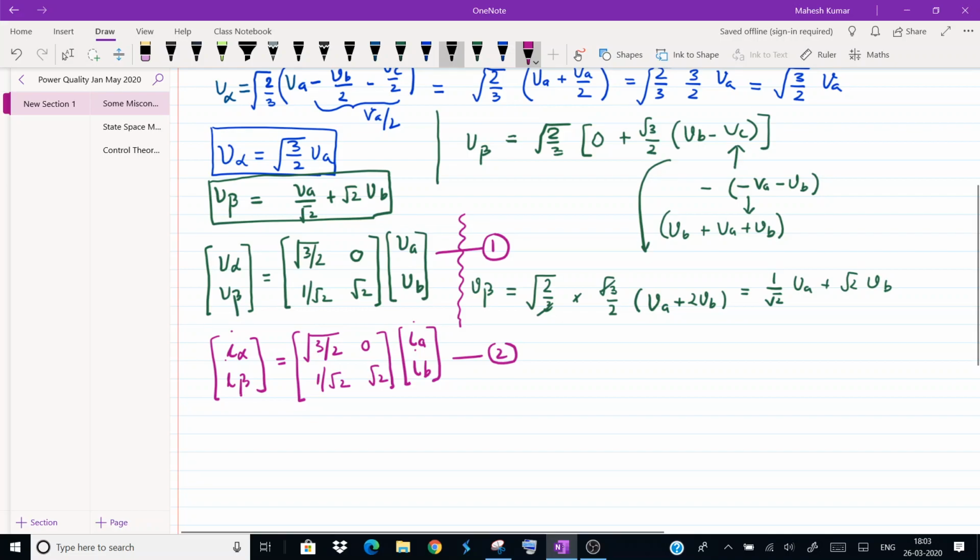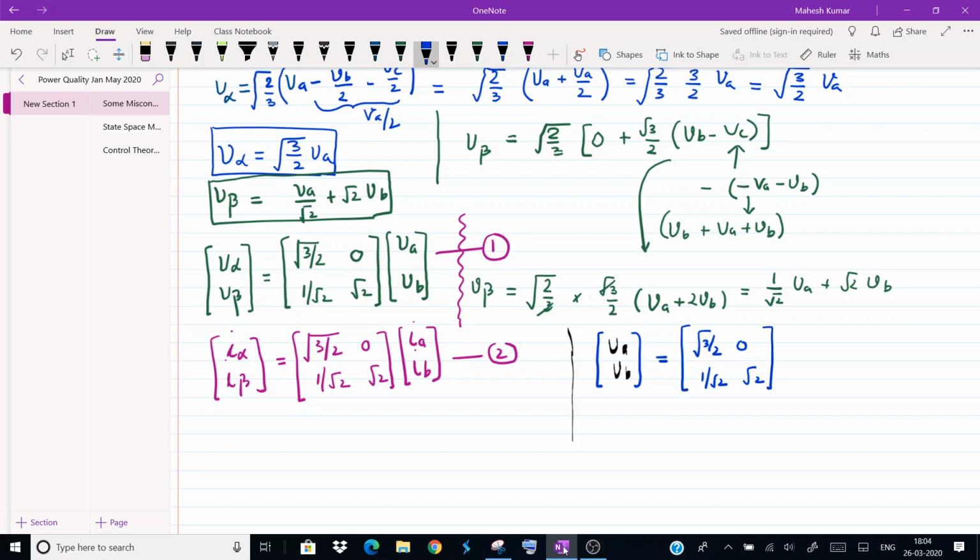So BA and BB in terms of alpha and beta is the inverse of this matrix: root 3 by 2, 0, 1 by root 2, and root 2, into the inverse of this matrix, and this is B alpha and B beta.